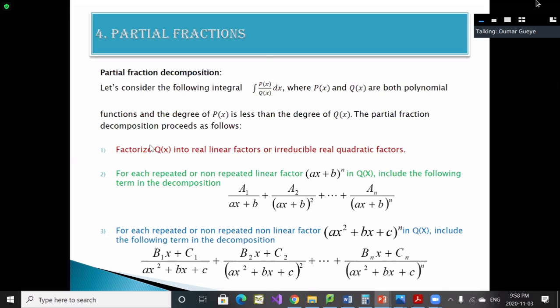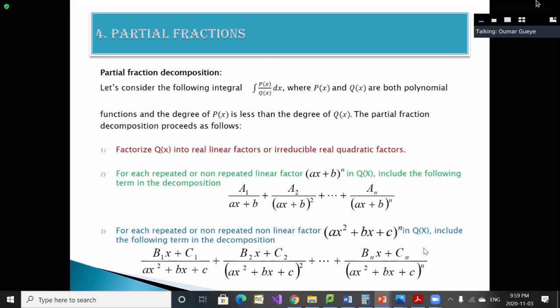The technique says that in the first step, you have to factorize the denominator, the bottom, until you get linear factors and/or irreducible quadratic factors, because we can get only linear factors, only quadratic factors, or both. That's why I said and/or.